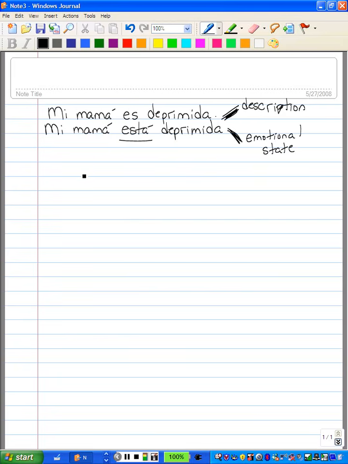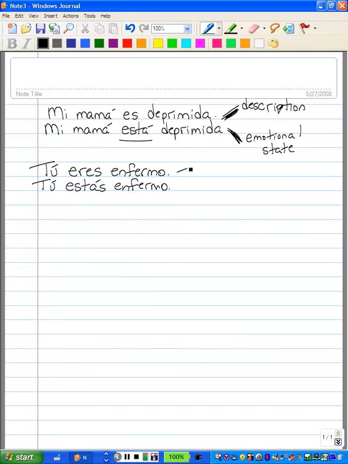Alright, or if you say, this is for the nursing profession especially, if you tell a patient, tú eres enfermo, tú estás enfermo, they both say you are sick.